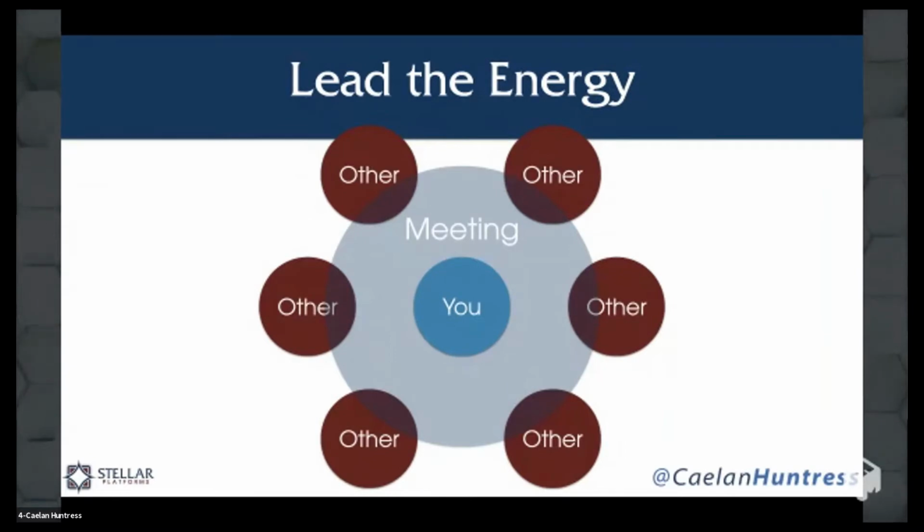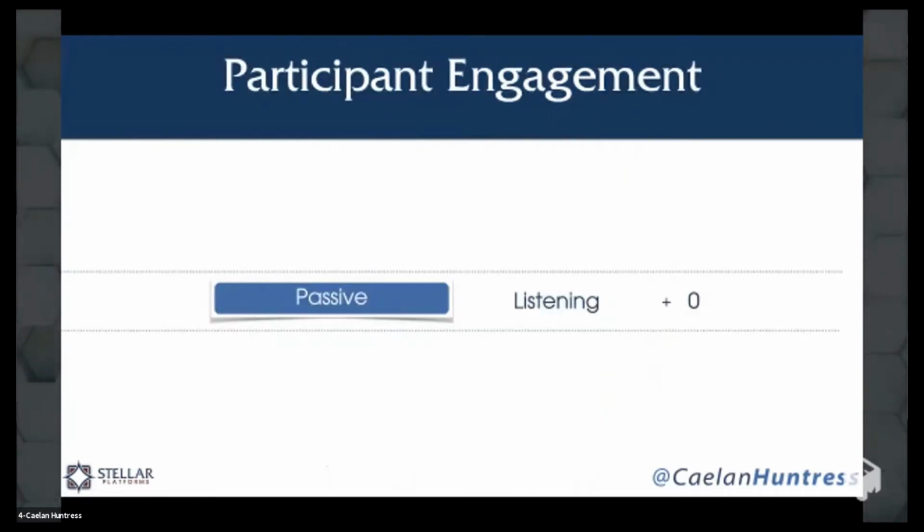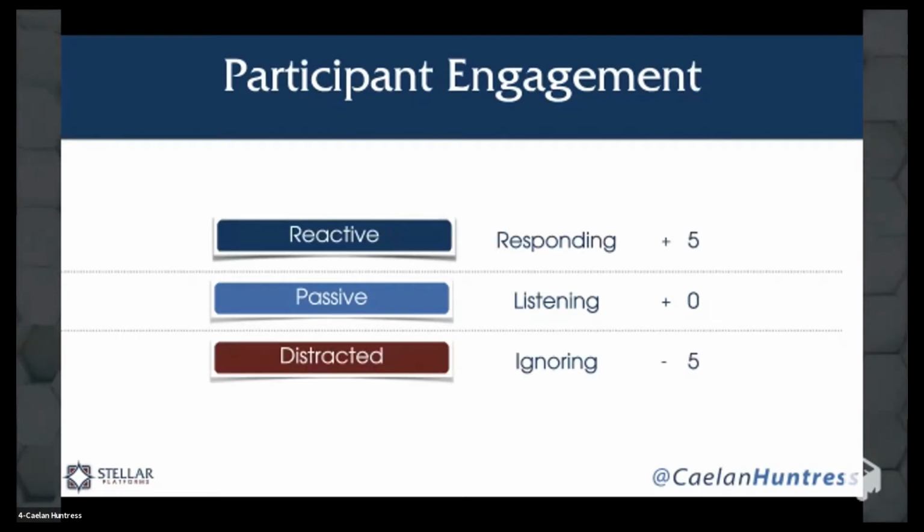And if you have a high energy and invite people to play, then other people will naturally come along with you. If somebody attends your meeting, the basic bare minimum is just that they're listening to what you say, but they're not actively participating. They're just passive. What we want to do is get people to react and respond to what you bring to them. Otherwise, they're going to get distracted and start ignoring you.